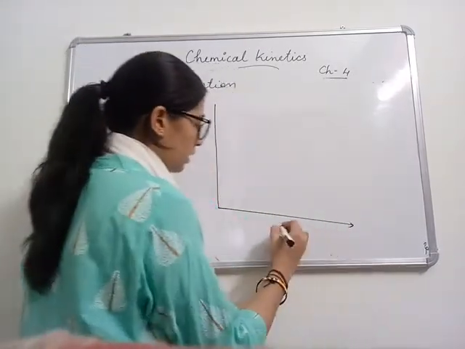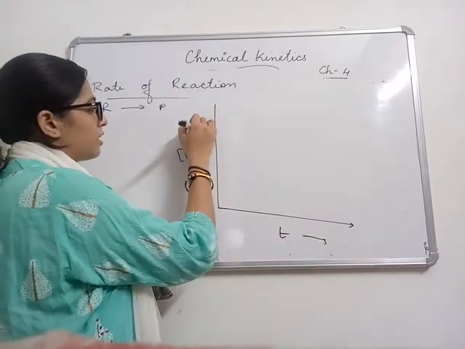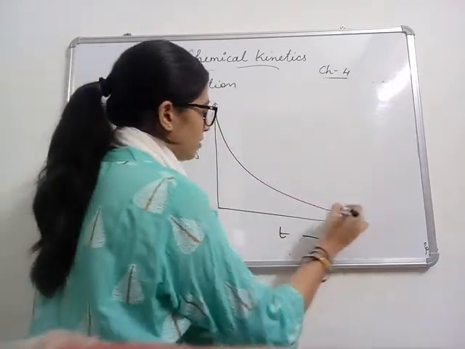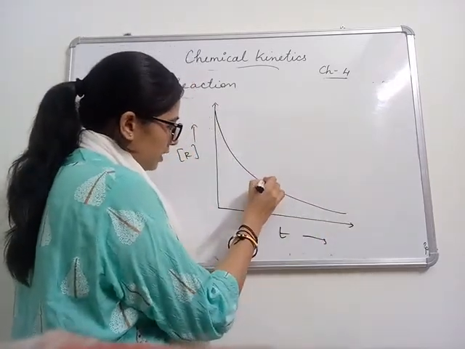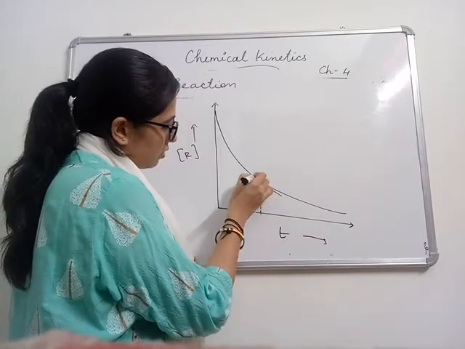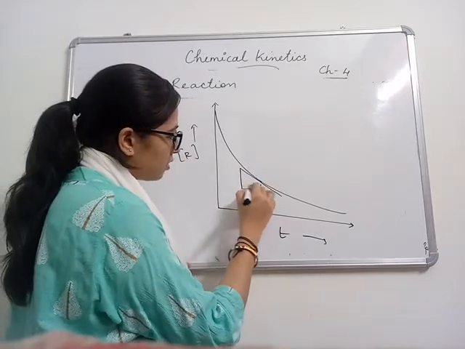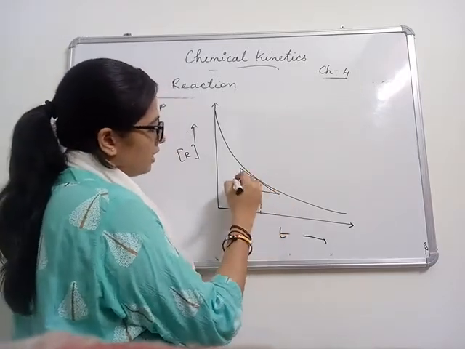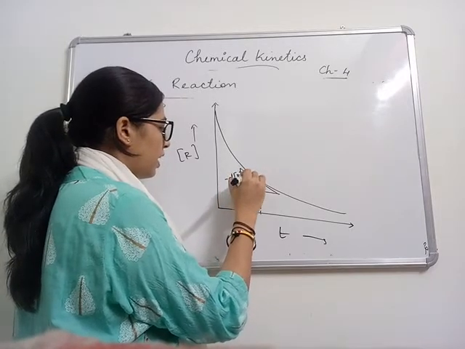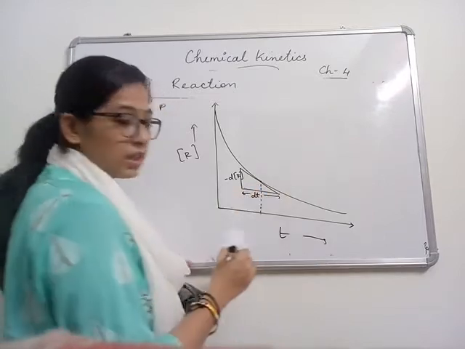So when you plot a graph for the time and the concentration of reactant, what is the nature of the graph that you get? You get it like this. At this time I need the instantaneous rate, so I'll make a tangent and then I'll find the slope. This would be minus dR and this would be dt.